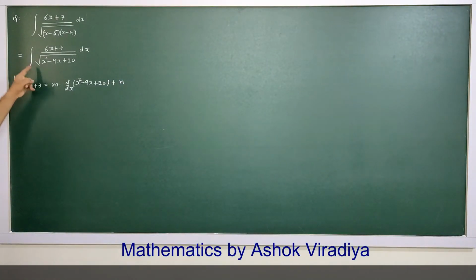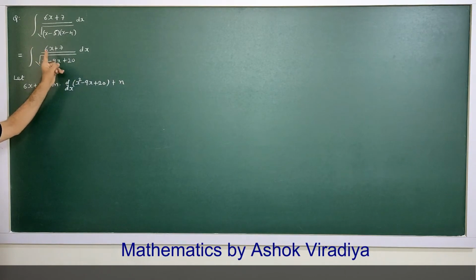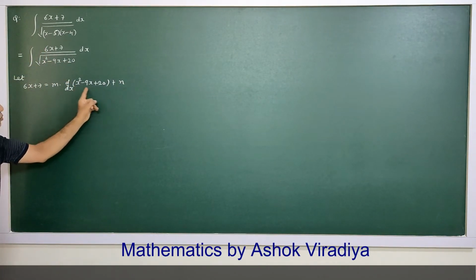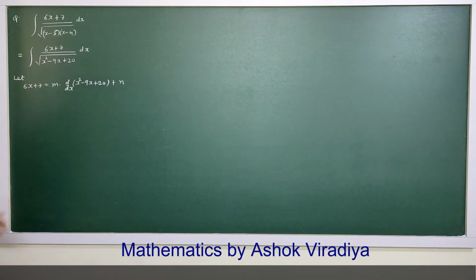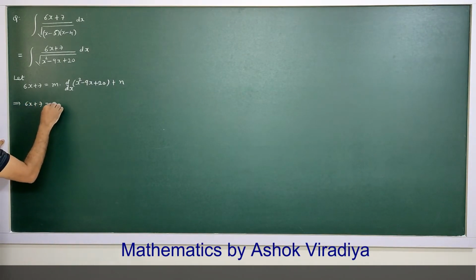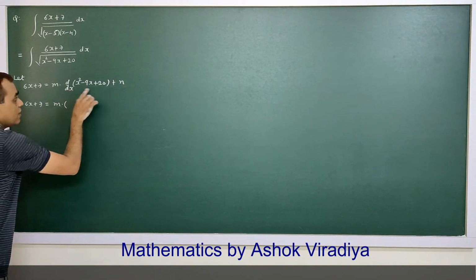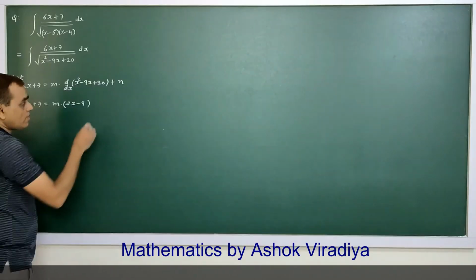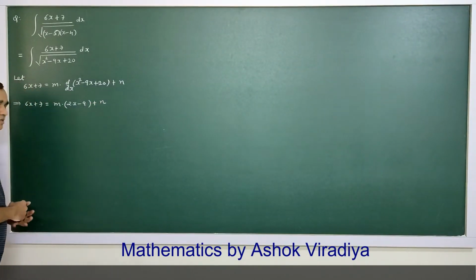Whether the radical sign is given or not, in every case this should be free from radical sign. So 6x + 7 equals m into its derivative, 2x - 9, plus n.